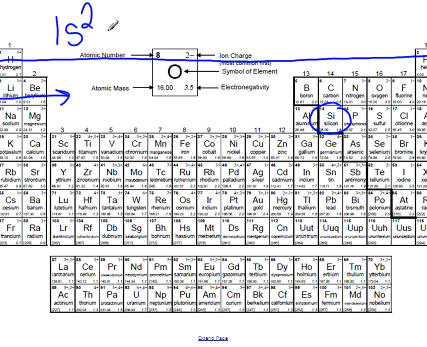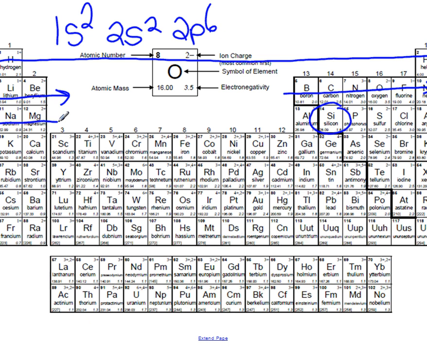Next one, 2s. How many have I gone through? 1, 2. Then I go through here. I'm in 2p. How many electrons? 1, 2, 3, 4, 5, 6. I'm not at silicon yet. I have to end at 14.